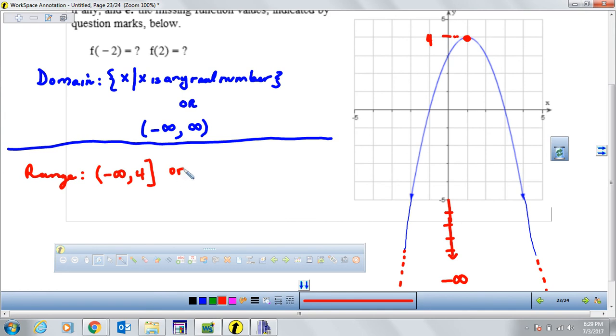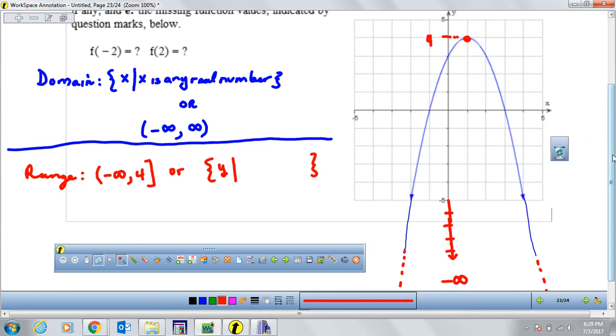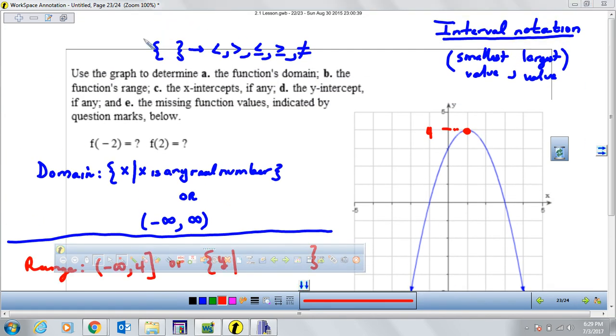Now, we can also write it in set notation. But in set notation, it's not going to be x, since the range is going to be the set of all y such that. Okay? And in order for me to say that y is any number from negative infinity to 4, you see that it is anything below 4. Remember that for the set notation, you can use the symbols right here.